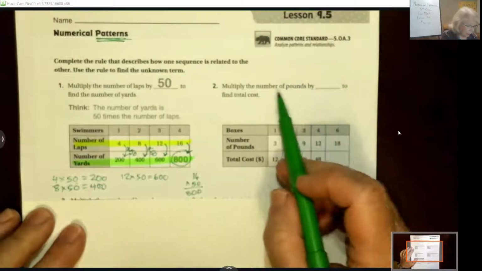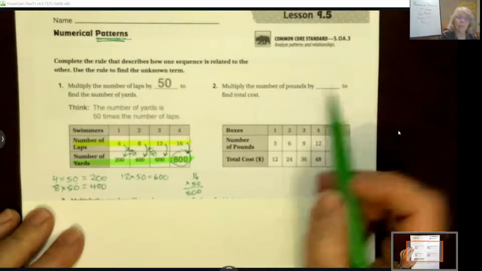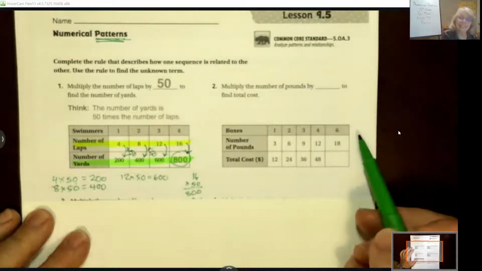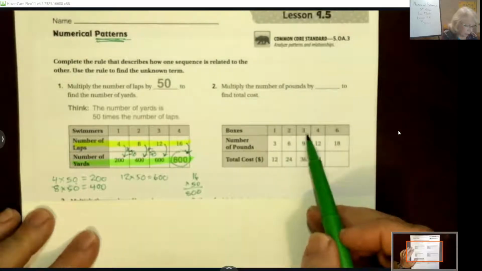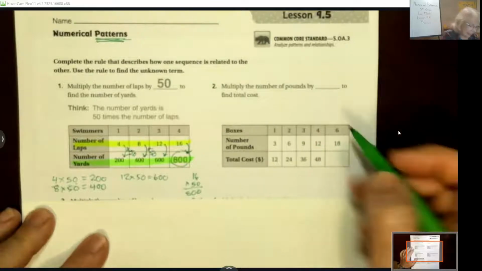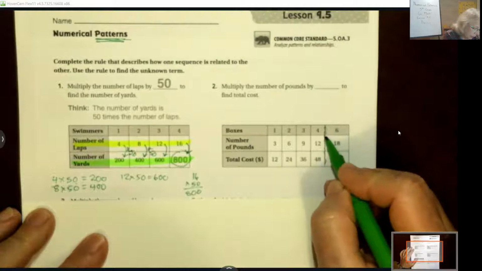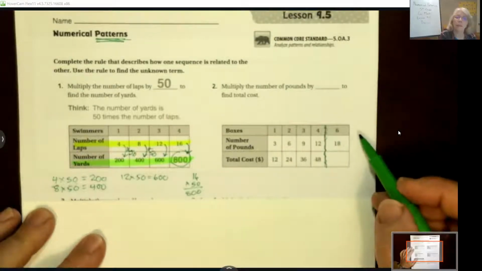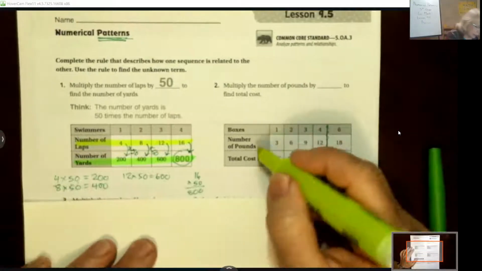It says multiply the number of pounds by, and we need to fill that in to find the total cost. So these are number of boxes. And an important thing to notice here is we go 1, 2, 3, 4, and then 6. So these do not, I'm going to put a little wiggly line there to show you that sometimes we can jump up in numbers, but the pattern between the rows is going to stay the same.